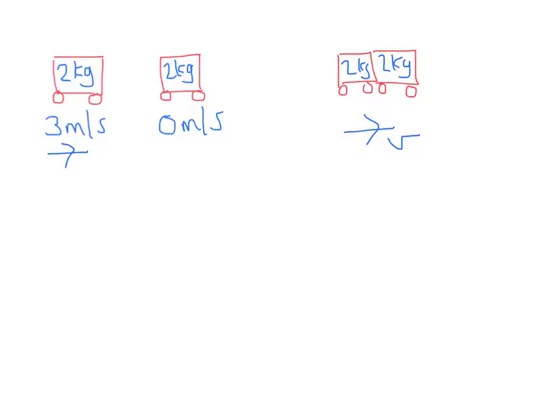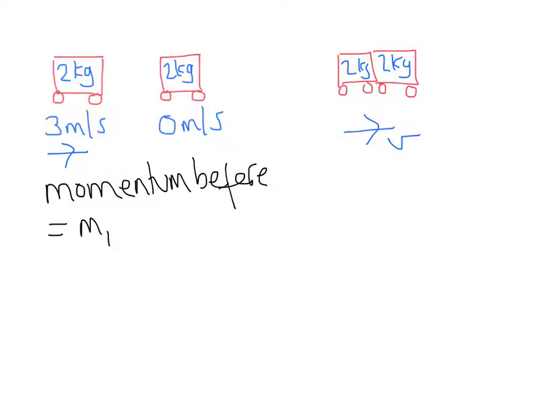So to do this, we're going to use conservation of momentum. Let's work out the momentum before. That's going to be the mass times the velocity of the first car plus the mass times the velocity of the second car.